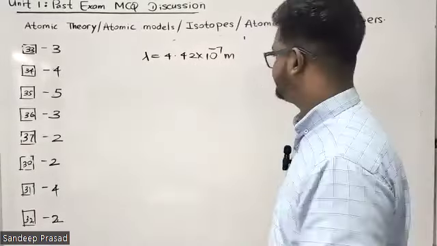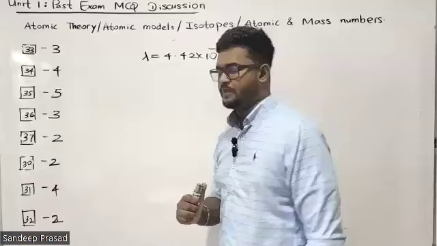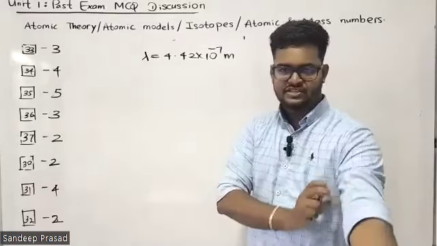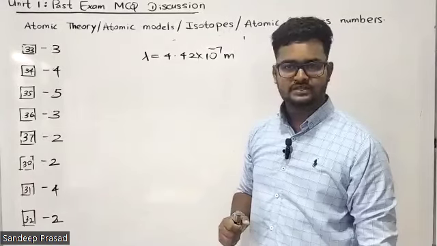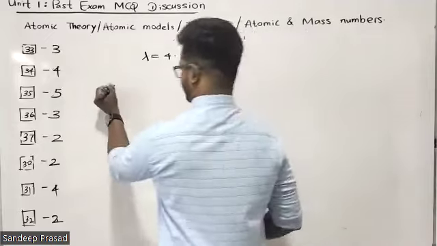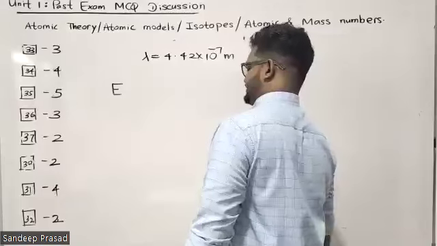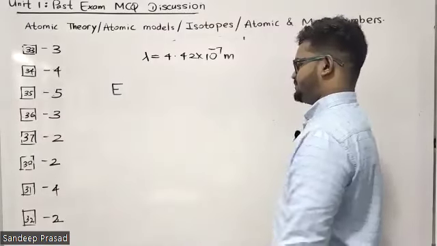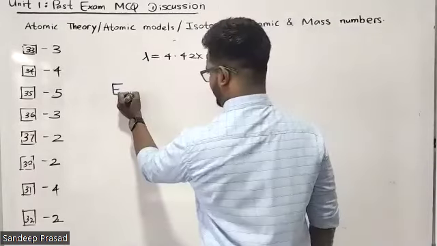Let me do it with you. Right, students, we learned about the electromagnetic spectrum, electromagnetic radiations. According to Max Planck's theory, the energy released or absorbed by electrons when they are shifting between energy levels is directly proportional to the frequency.